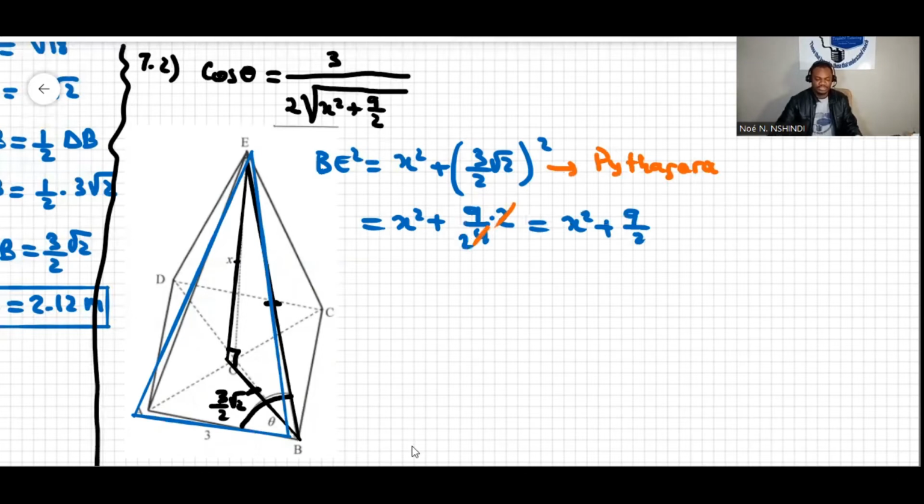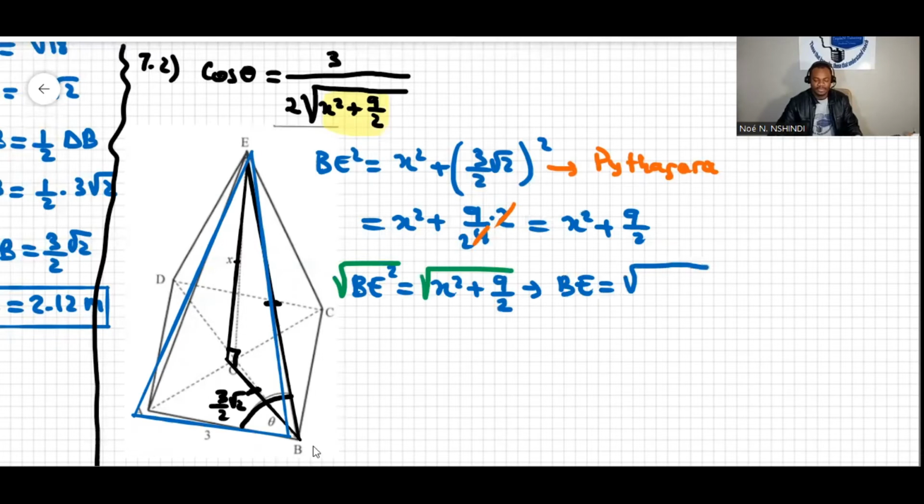Basically, we got what is underneath the root here. If we need to find BE, BE squared is equal to x squared plus 9/2, so to get BE we just square root both sides. That means BE is the square root of x squared plus 9/2.